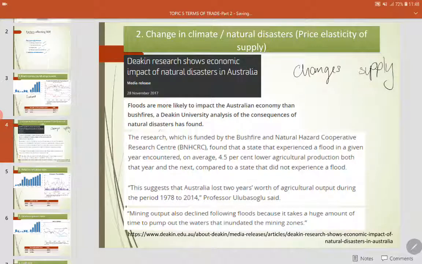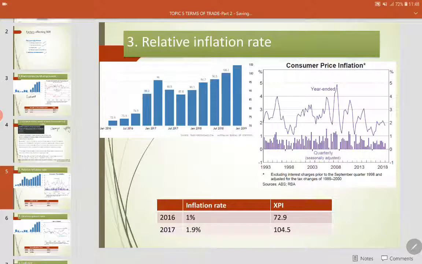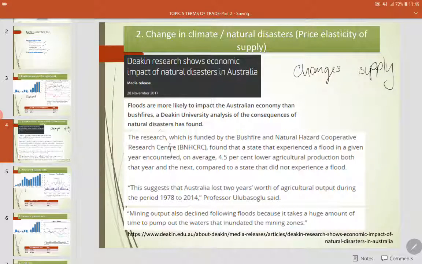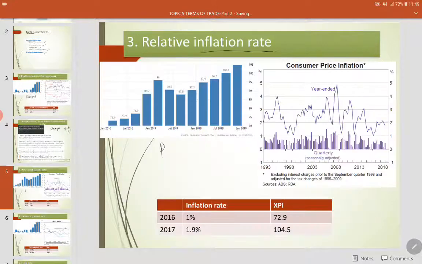For today's lesson we continue with inflation rate. We're going to look at how inflation rate is a factor for changes in our TOT. As you know, inflation rate is about an increase in the general price level.